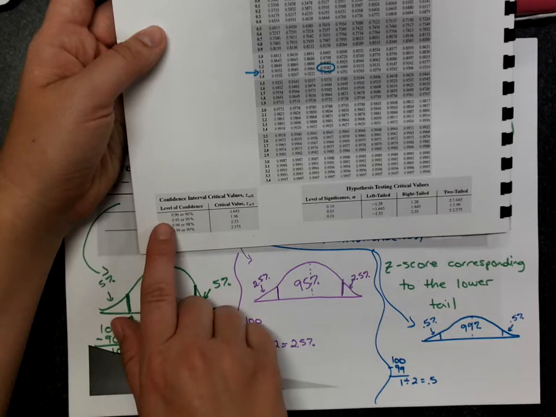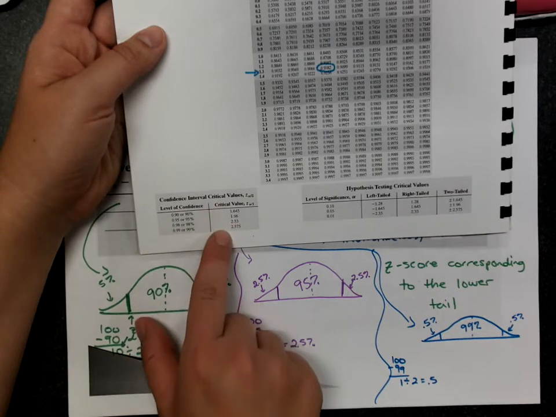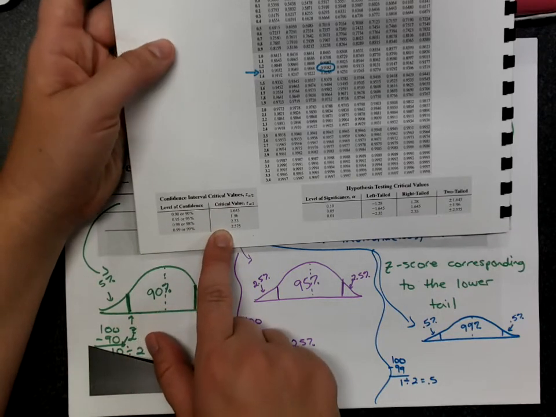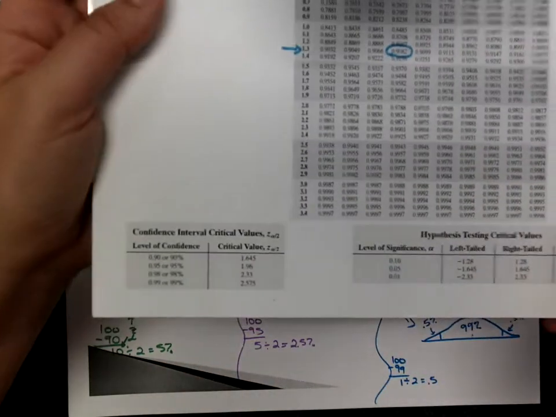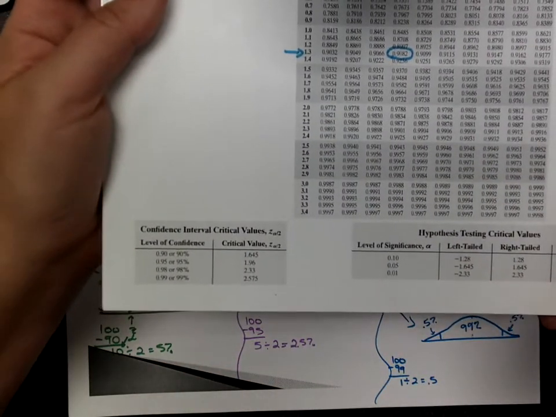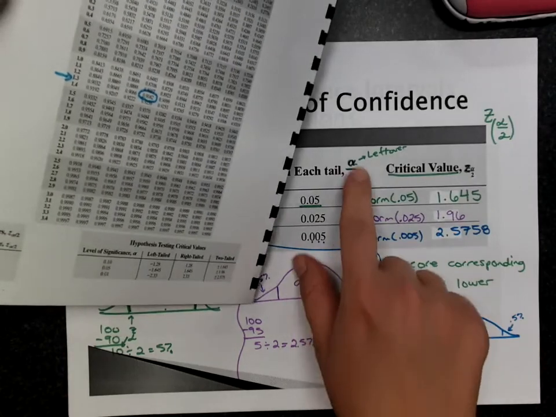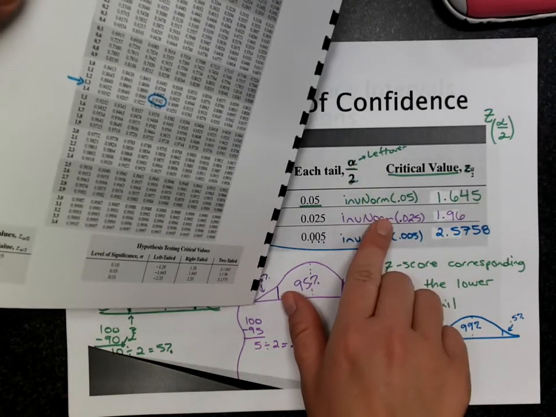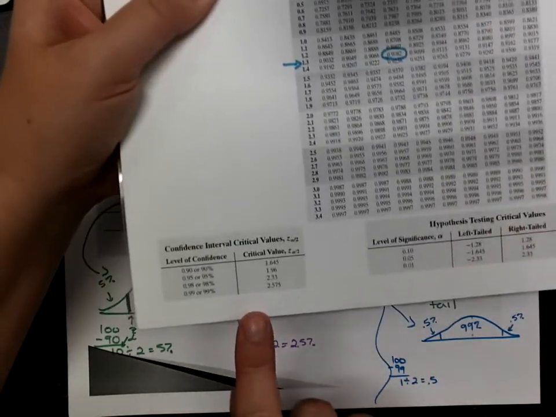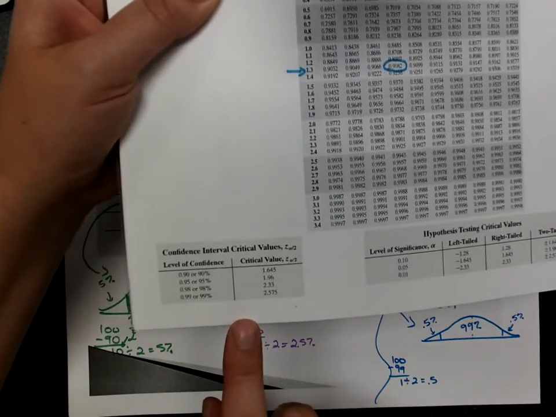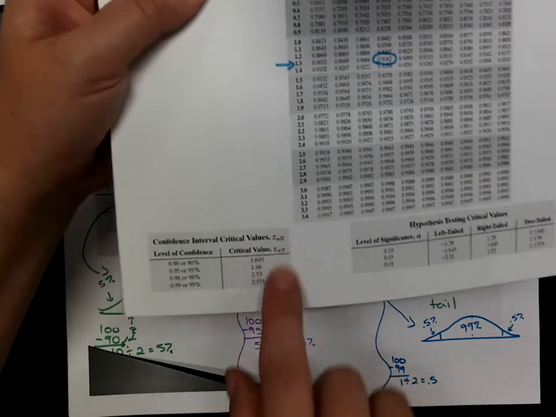So 90, 95, 98, and 99, and it tells you the critical values for those. Now, if your homework asks for a different confidence level, you'll have to do inverse normal of half the leftover to get that value. But those four in that little chart are the most common that you'll see, and those are the corresponding critical values.